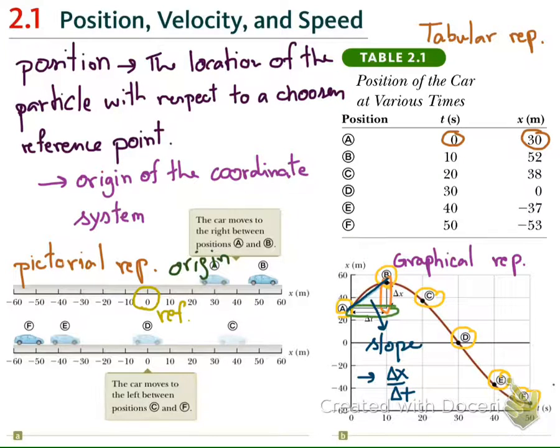So by definition, this is the average velocity. So from the graphical representation, you can calculate the average velocity from the line joining two points, the slope of the line joining two points in the graphical representation.